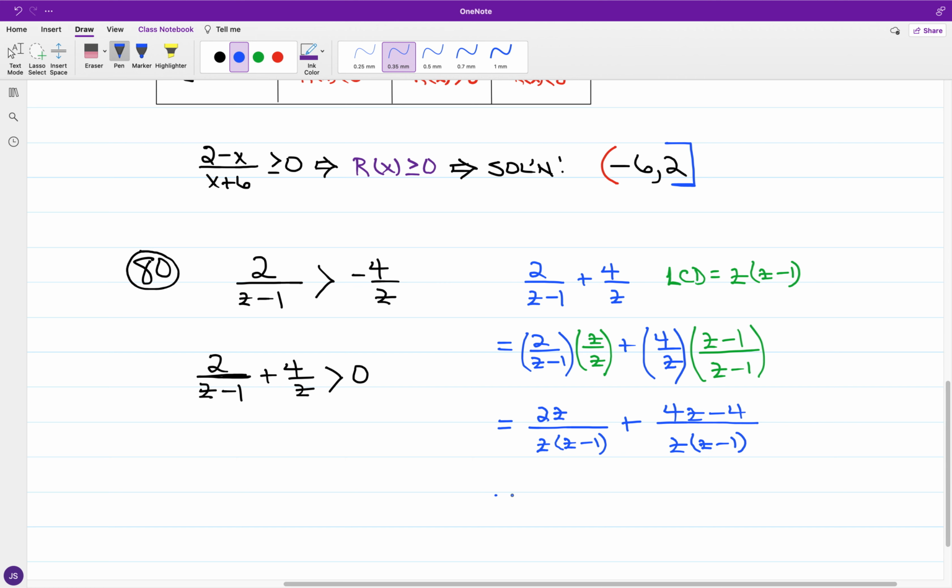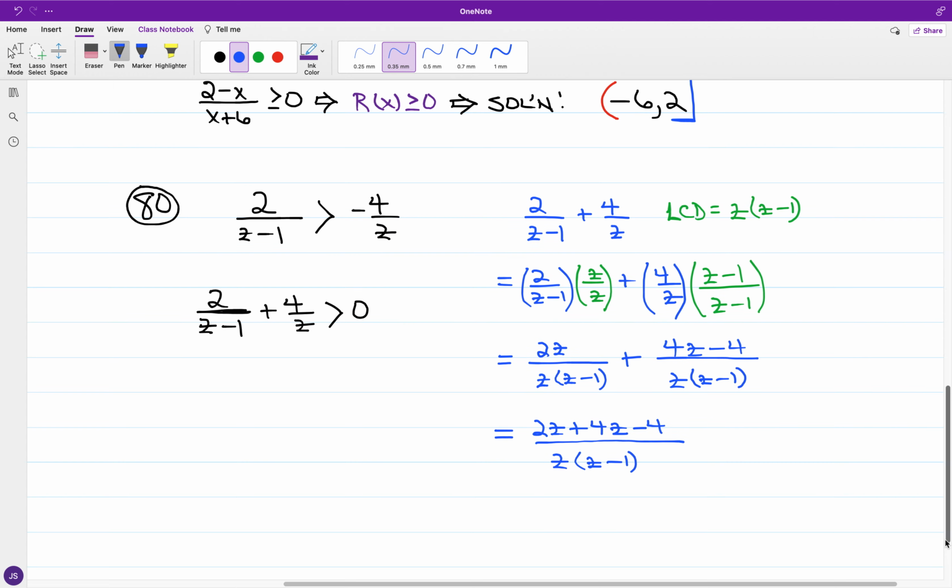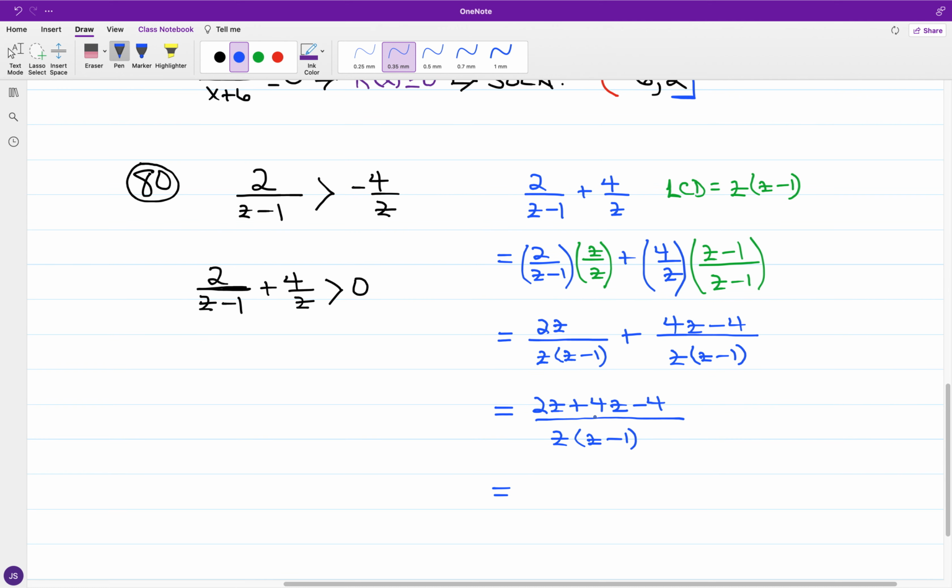And I have the same denominator, so I can just consolidate the numerator terms. Putting together, you get 2z plus 4z, so this will make 6z minus 4, and we have all over the quantity of z times z minus 1.